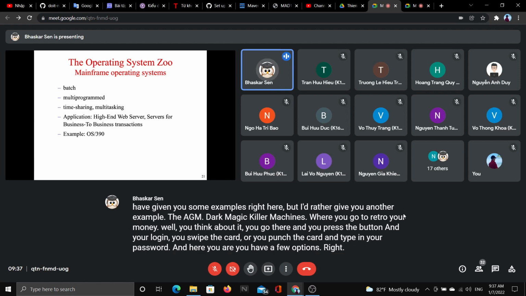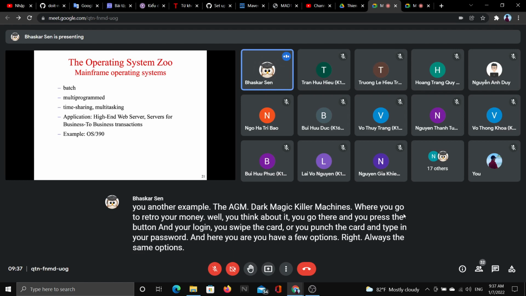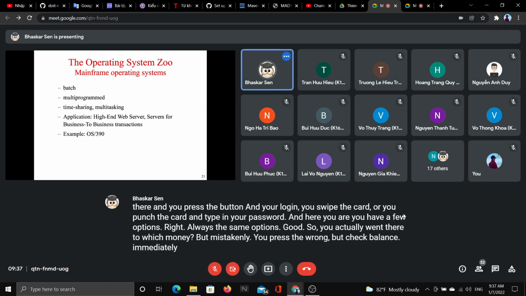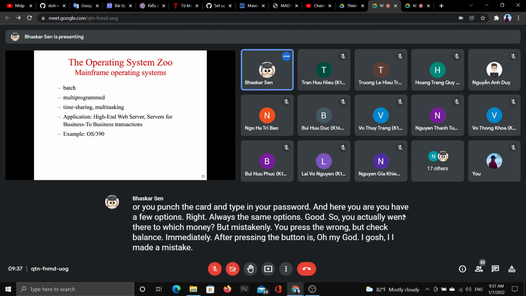Always the same options. Good. So you actually went there to withdraw money, but mistakenly you pressed the wrong button, check balance. Immediately after pressing the button, you say, "Oh my God, I made a mistake." So there is no escape.